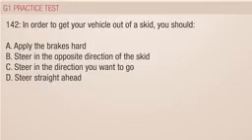Question 142. In order to get your vehicle out of the skid, you should A. Apply the brakes hard. B. Steer in the opposite direction of the skid. C. Steer in the direction you want to go. D. Steer straight ahead.